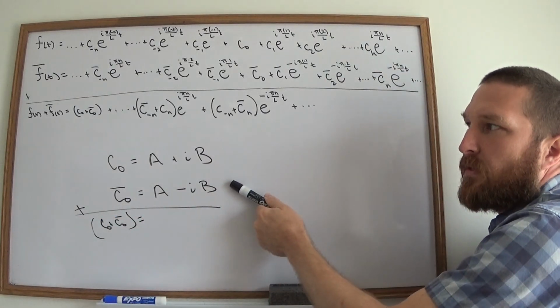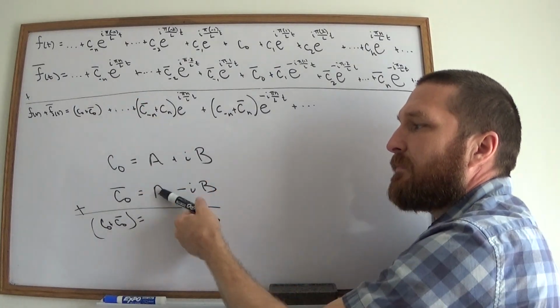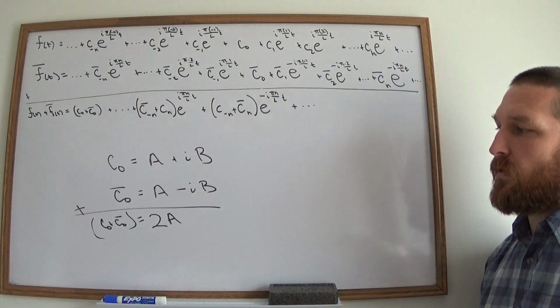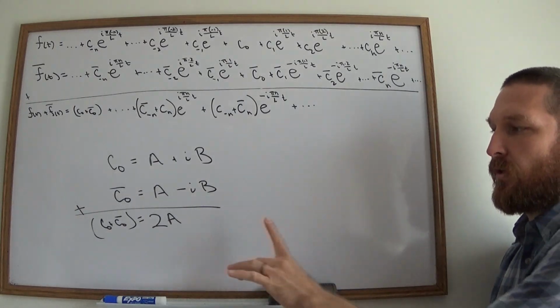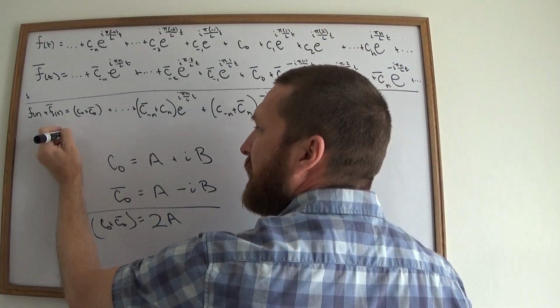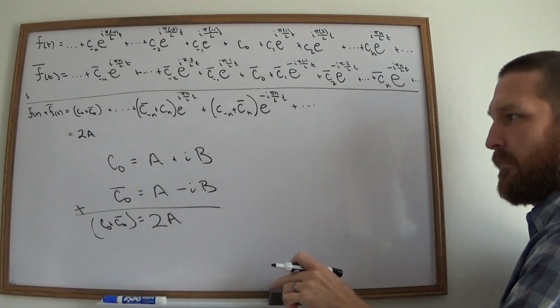Well, the imaginary part is gone. This is a purely real number, and it's 2 times whatever that original component was. So I'm just going to call it 2a, for some a. We don't know what that a is. So that's 2a right there.